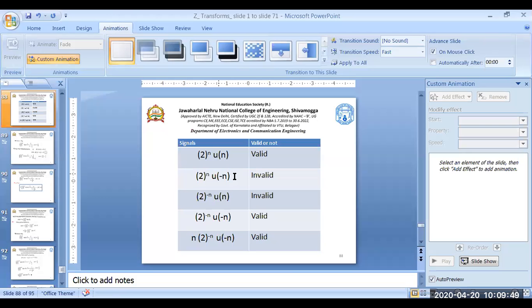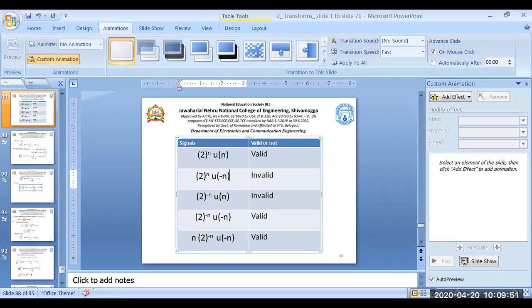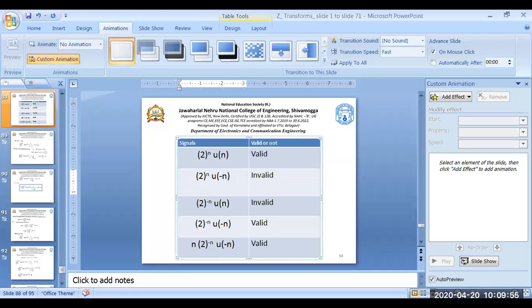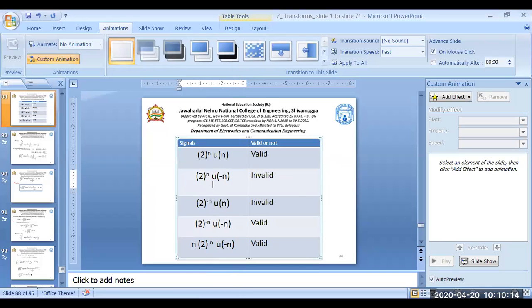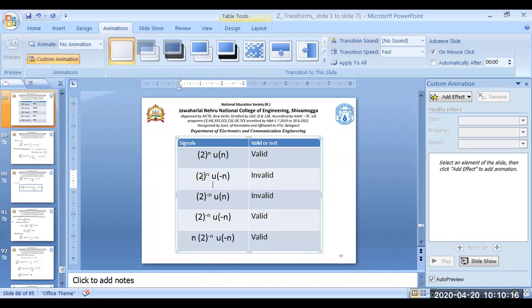See here. It is 2 power n. Half power minus n I can do, isn't it? Half power minus n, maybe I can take. We just can do this by making this 1 by 2.